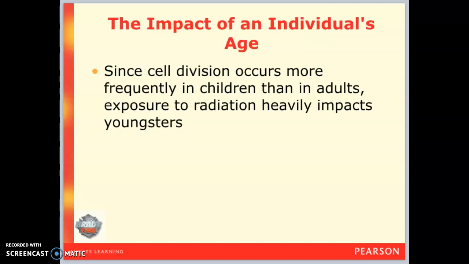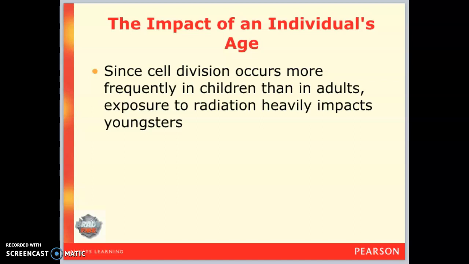Now, when it comes to age, what we have to worry about more specifically is the idea of mutations. We know that certain materials are going to impact your DNA much more effectively and significantly than others. And so DNA replication becomes a much more serious, considerable issue.